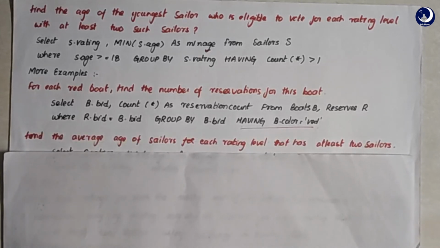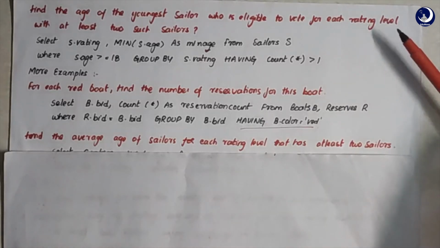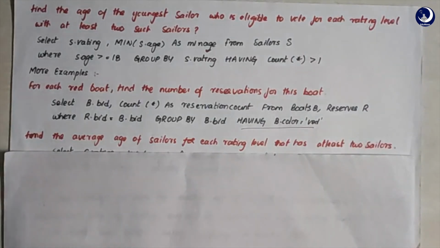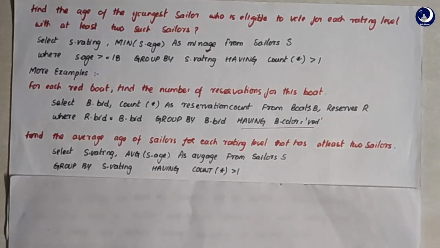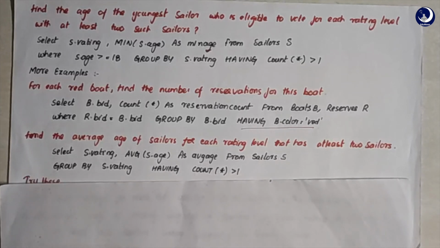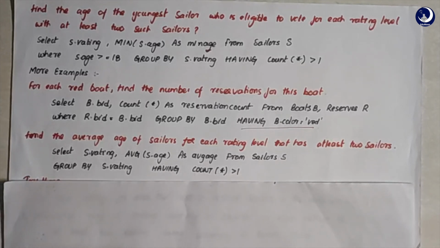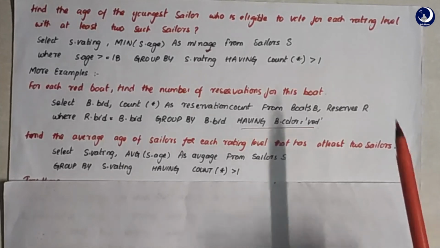So our next question is, find the average age of sailors for each rating level that has at least 2 sailors. This is similar to the question that we have just seen. The only thing is that here we are finding the average age. So let's look at its answer. Select S.rating and average S.age as average from sailors S, group by the rating having count star greater than or equal to 2.